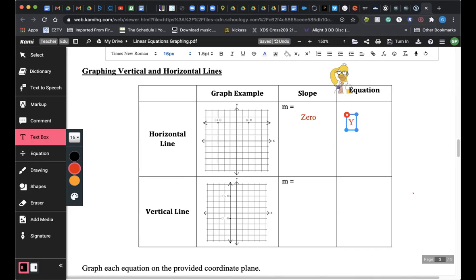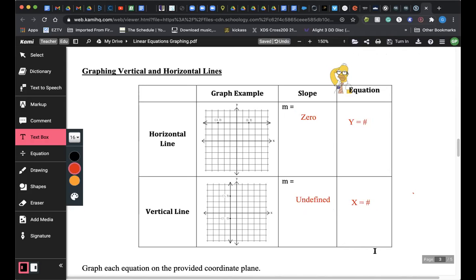And it is always y equals, okay? That is going to be your equation. Y equals some number. When you have a vertical line, it is an undefined slope, and it is always x equals some number. Okay, that's your equation.